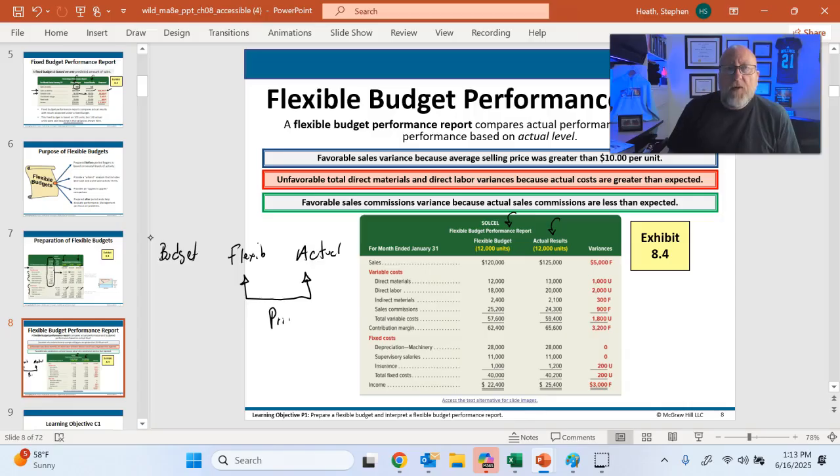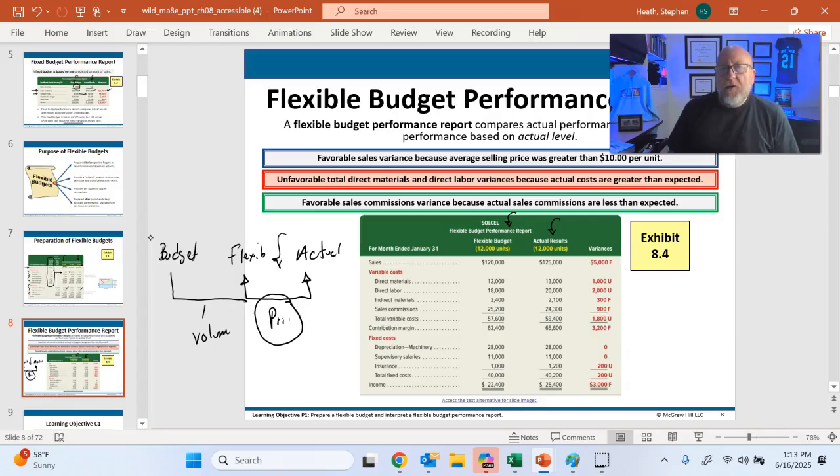The difference between budget and flexible is what we call volume. The vast majority of this chapter is based on this variance, which is what we're looking at: actual results relative to the flexible budget. So we are on this side of the equation.